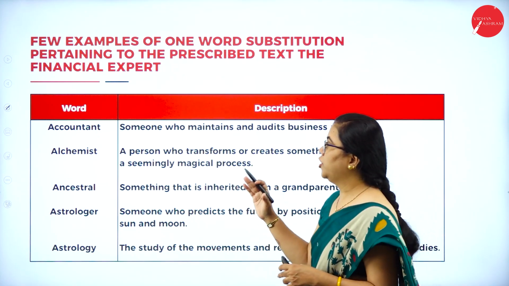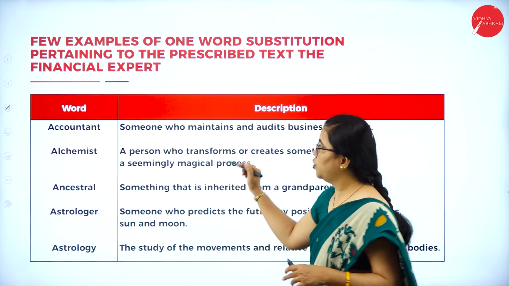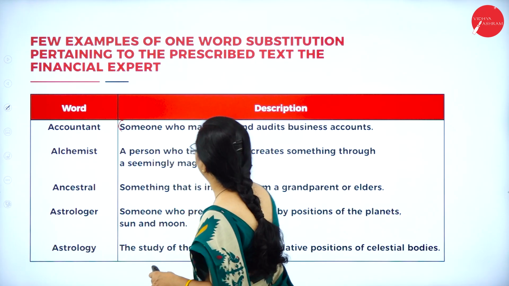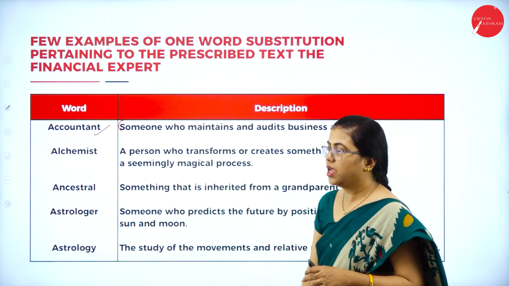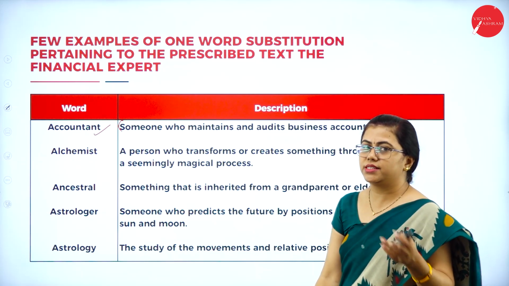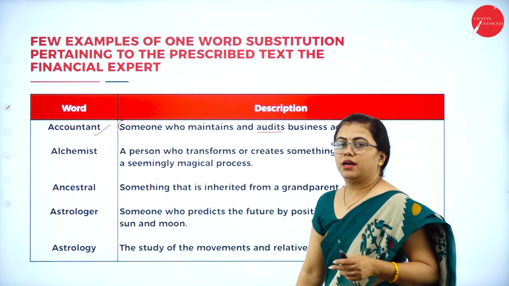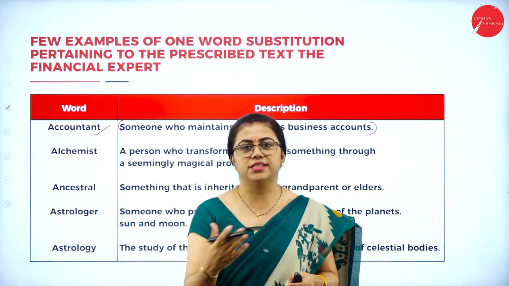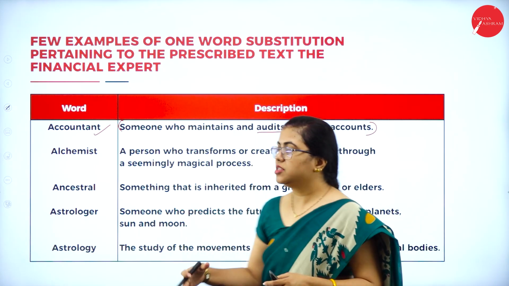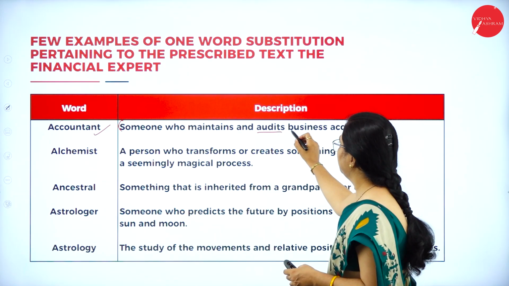Now we are talking about some person. I'm just giving you this explanation first, and then we'll talk about the word. Somebody who maintains or audits, who plans for and takes care of expense and income, all these. That is called auditing, and this is business accounts.